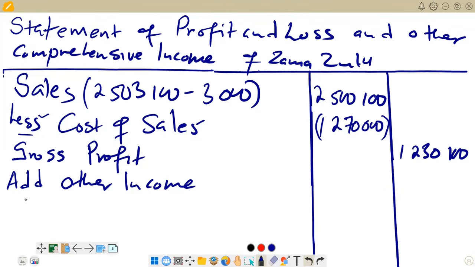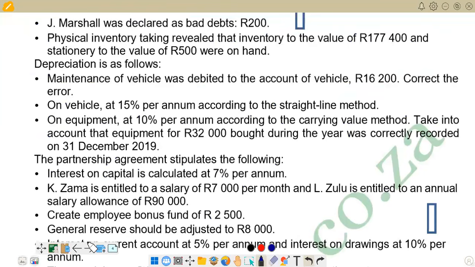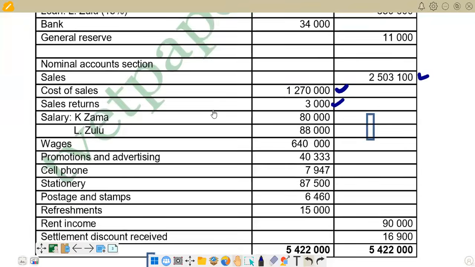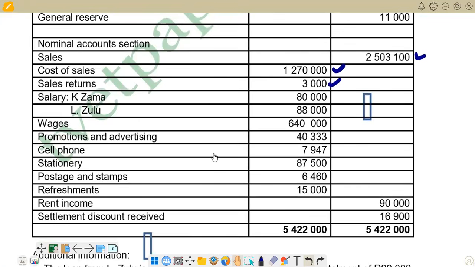So here now, we are going to the trial balance and check the incomes that we have in the trial balance. Let's just go down to check what we have in terms of other income.